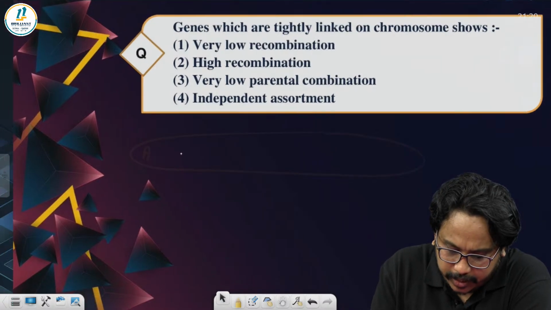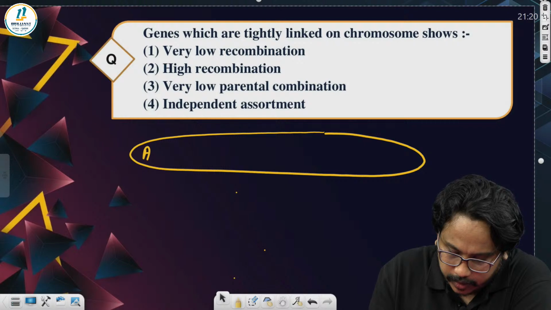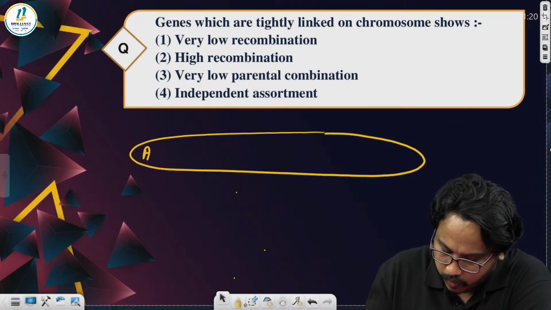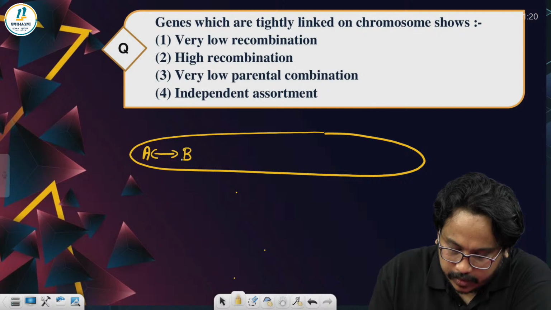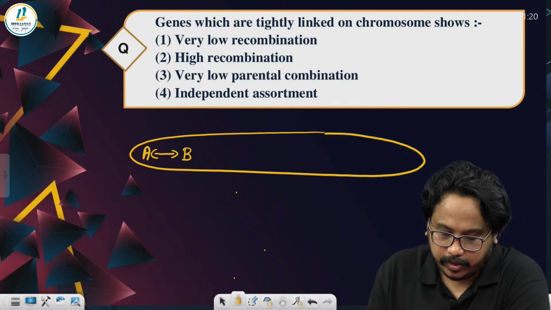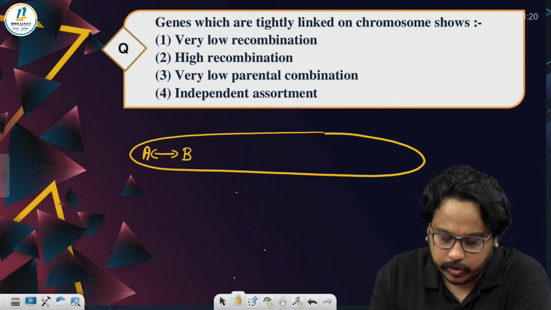Very less recombination is shown by 2 characters, means understand they are located very close to each other. So if 2 genes, A and B, are very close to each other, they will show very less recombination. So new combinations you won't be getting when two genes are located close to each other.